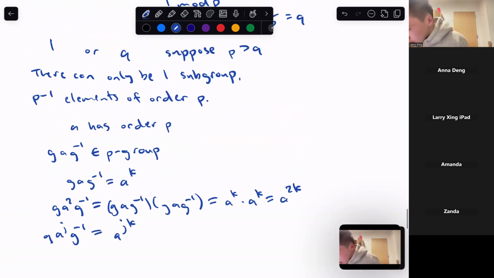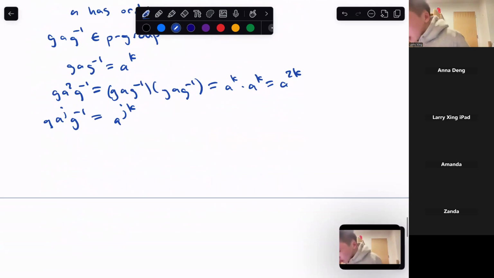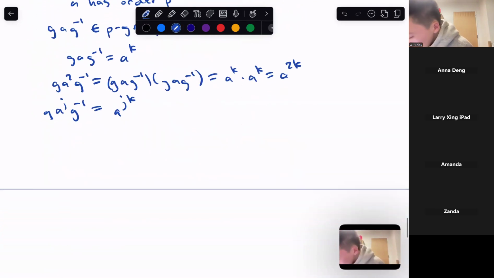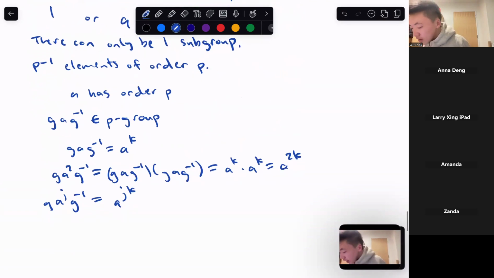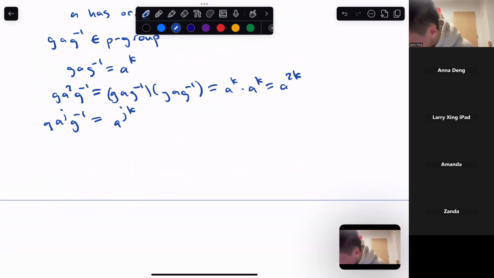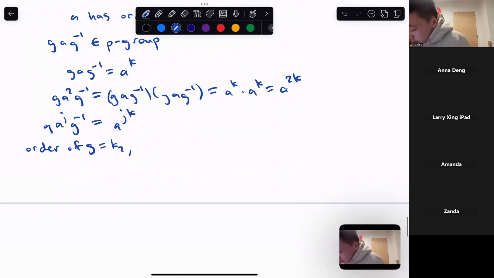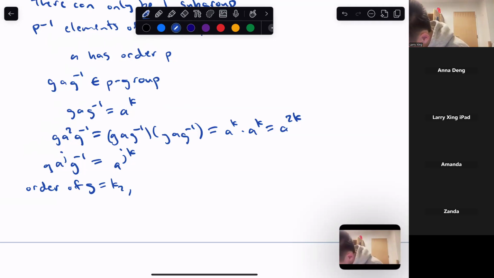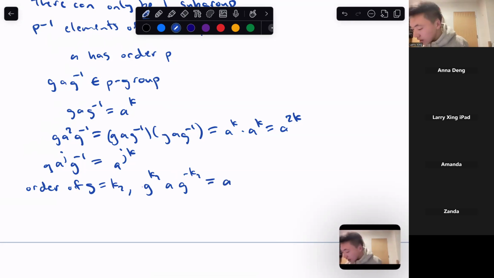This is pretty promising. So what we can see now is that our conjugation actually defines the conjugation for everything else. And supposing we knew the order of G, like if it equals K2, then we know that G^K2 A G^-K2 obviously equals A, right?